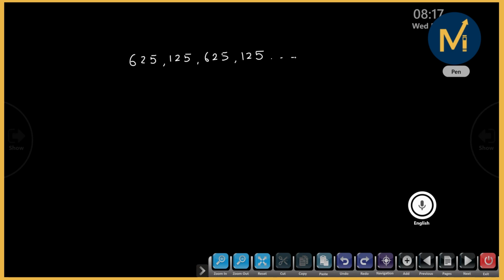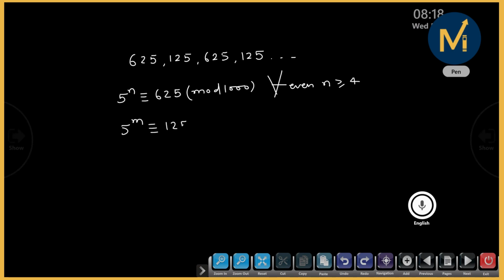That is why I can say that 5 raised to n is congruent to 625 modulo 1000 for all even values of n greater than or equal to 4. And 5 raised to n is congruent to 125 modulo 1000 for all odd values of n greater than or equal to 5.